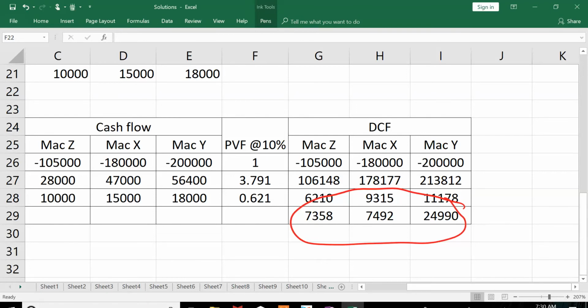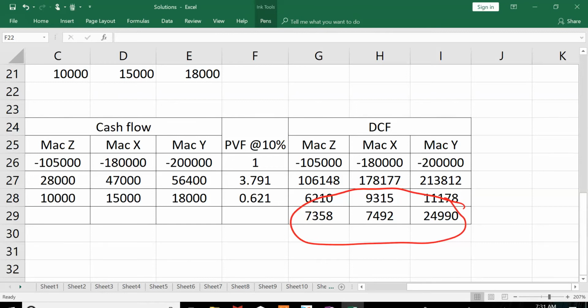The company should buy machine Y as it has the highest NPV and discard machine Z. Any doubts on this?